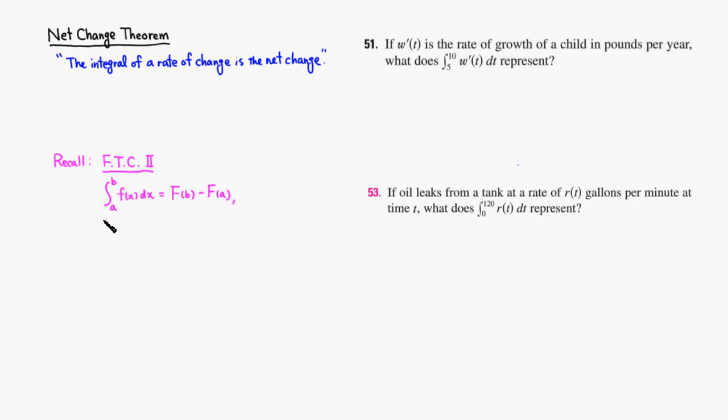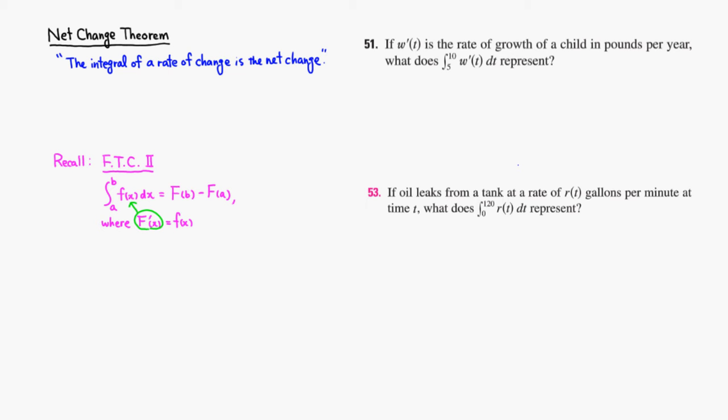So maybe I should write that here, where capital F prime of x is exactly the same thing as f of x. The net change theorem is just a slightly rewritten version of the fundamental theorem of calculus. All we do is, instead of f of x, we put capital F prime of x as the integrand.